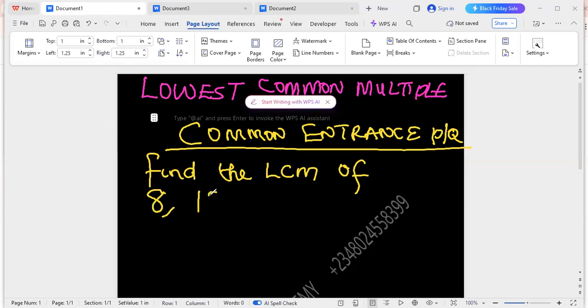This is year 2022. Okay, let everybody do this. Find the LCM of 8, 12, and 16. This is a 2022 common entrance past question.